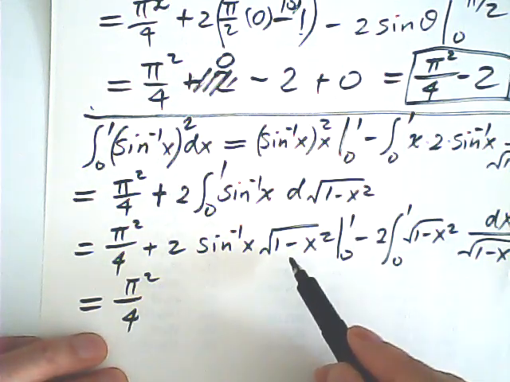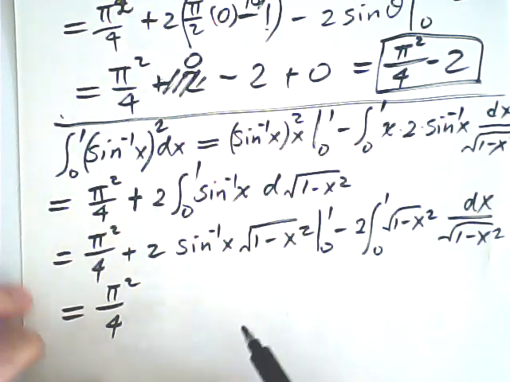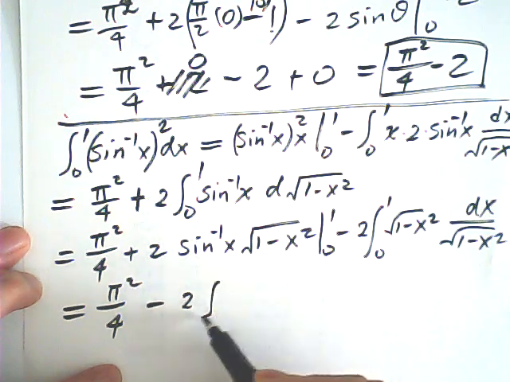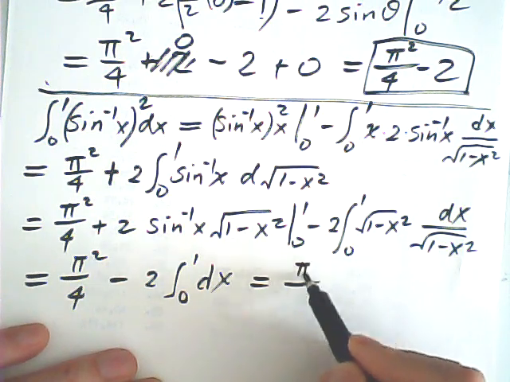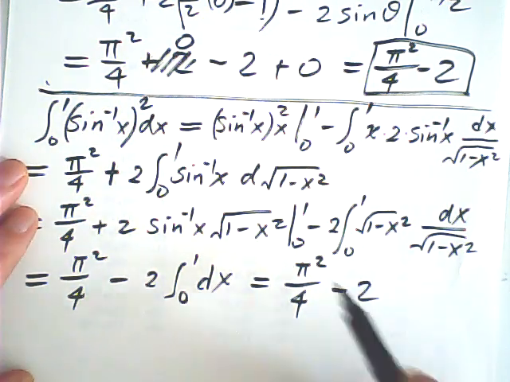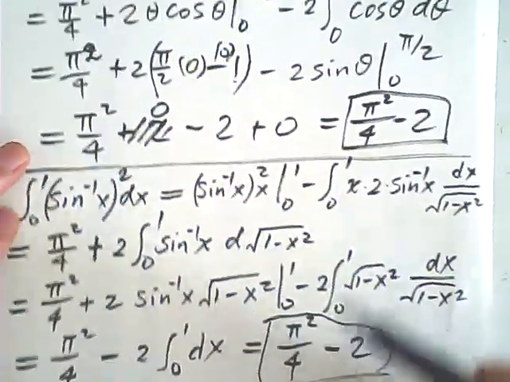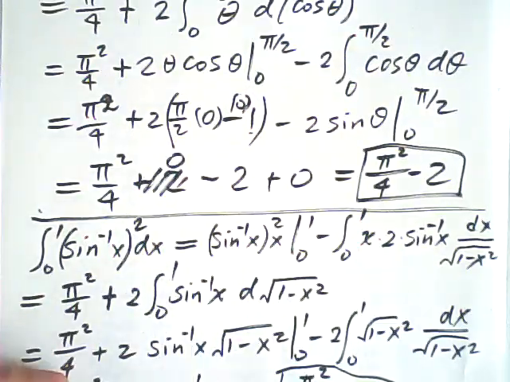This 1 is a 0, right? 0 is also 0. So the whole term is 0. And this minus 2 from 0 to 1 dx. So this is equal to pi squared over 4 minus 2. Yeah, that is the same answer by using the second method. These two methods are very basic training for integration. So it's a really good example.